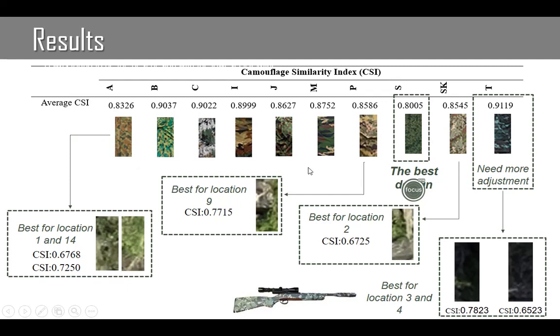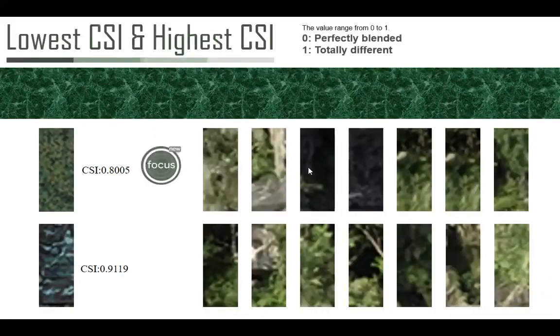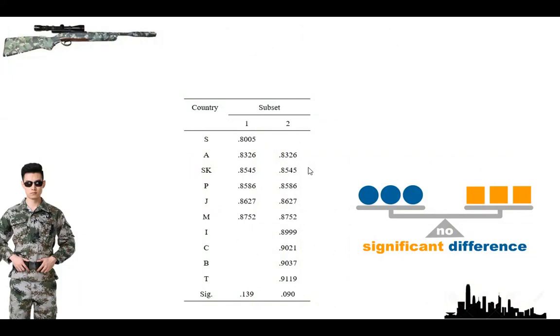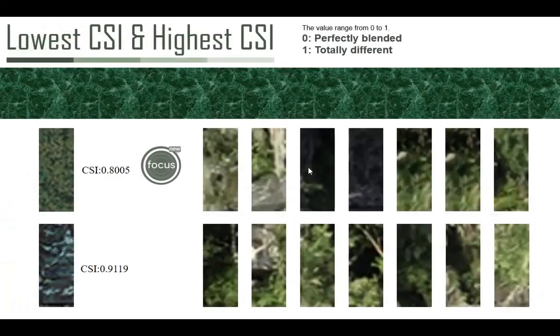So to make it fair, I run the statistical analysis. Is there a significant difference between each design? Oh, before that, I'm going to explain this one first. So look at this. This is pretty obvious, right?